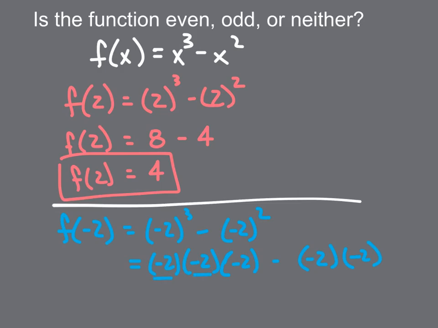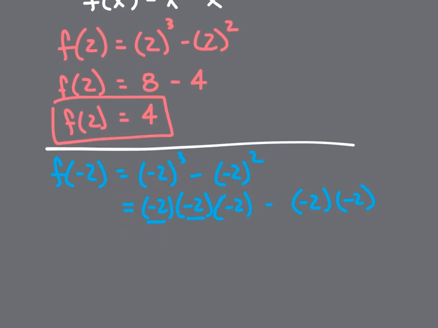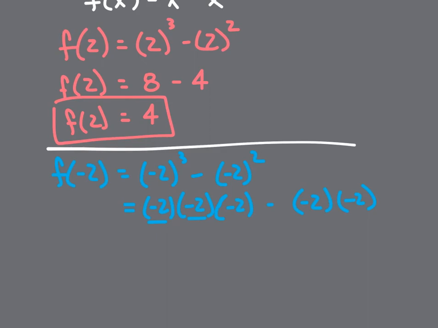Negative 2 times negative 2 is positive 4 times another negative 2 ends up giving us negative 8. So we write negative 8, and then minus negative 2 times negative 2 gives us a positive 4. So you have negative 8 minus a positive 4, which gives us a value of negative 12. So f of negative 2 is equal to negative 12.